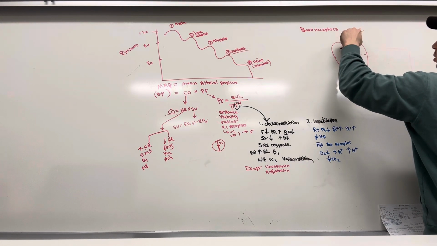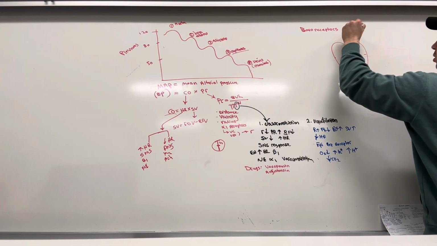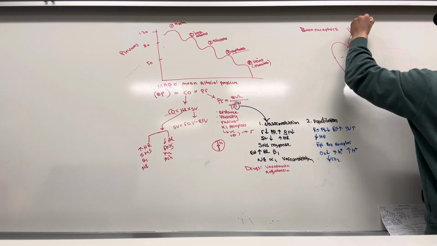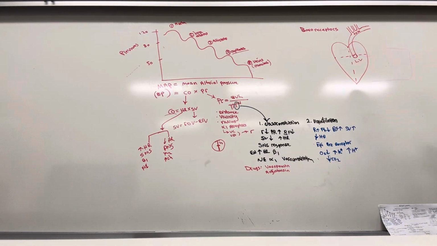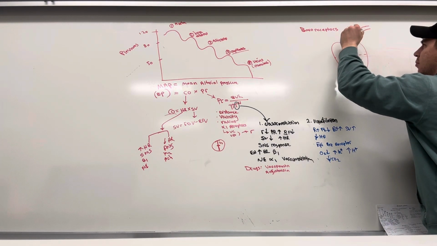Up here we have several valves, arteries that split off, and these all have stretch receptors within them.